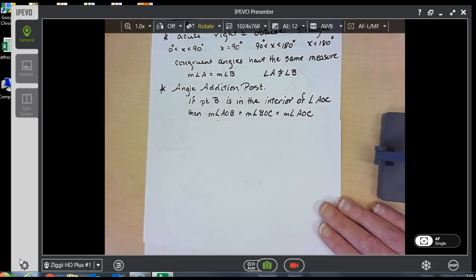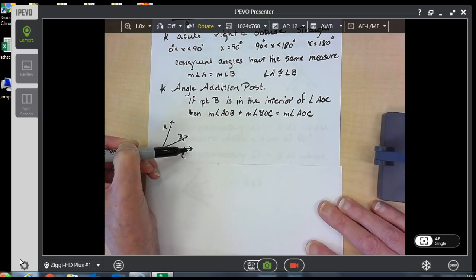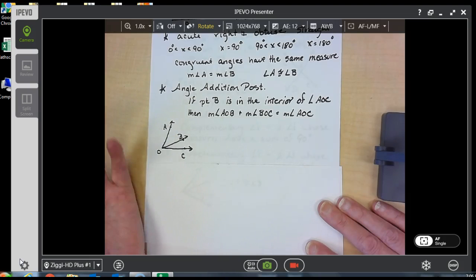So just like we had segment addition, we do angle addition. So B is in the interior, so here's my angle AOC, B was inside. So I can take these two angles, AOB and BOC, add them together to equal the whole angle. Hopefully that makes sense.